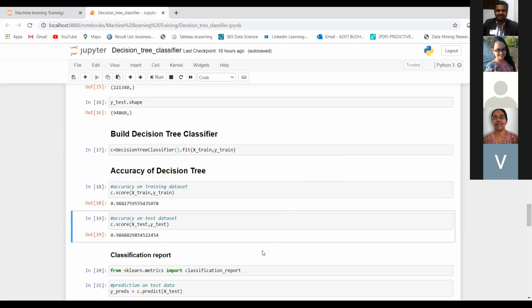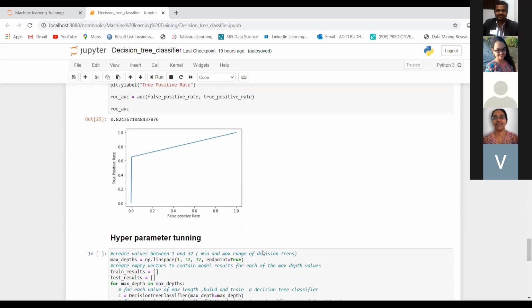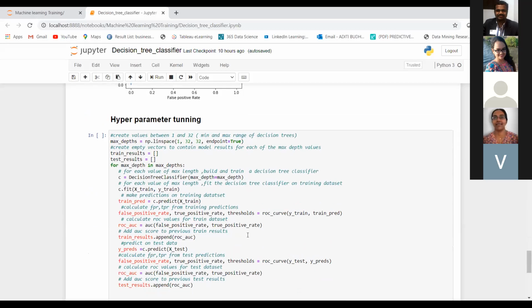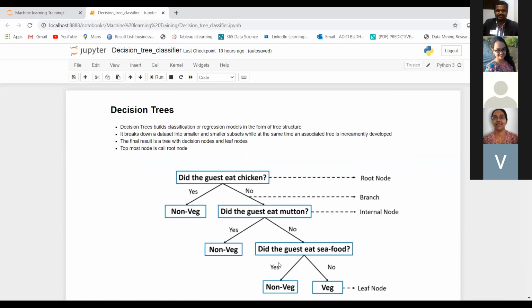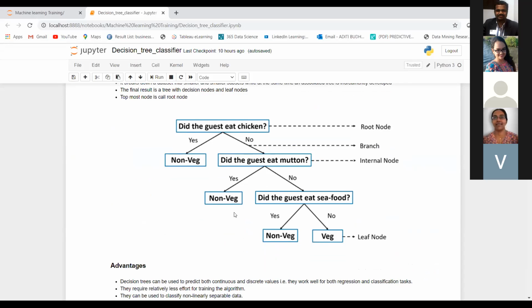Out of all of these features, let us consider one feature over here, which is maximum depth. The maximum depth feature is nothing but the levels that you want in your decision tree. Let's say for this particular decision tree, how many levels do we have?